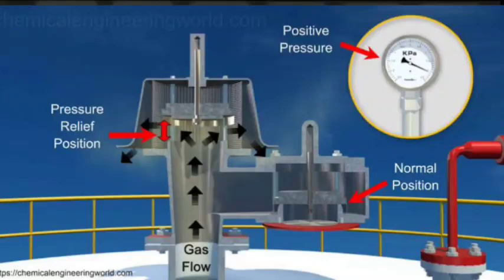Otherwise, you have to provide a breather valve on the top of it. Whenever the pressure increases, the breather valve will remove that pressure and back pressure will not be created. It depends on the economics and how long you want to store it. That's where the floating roof tank comes into the picture.